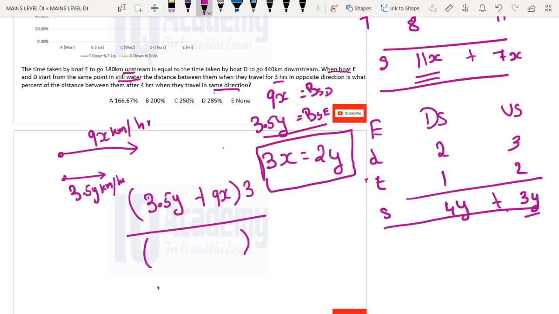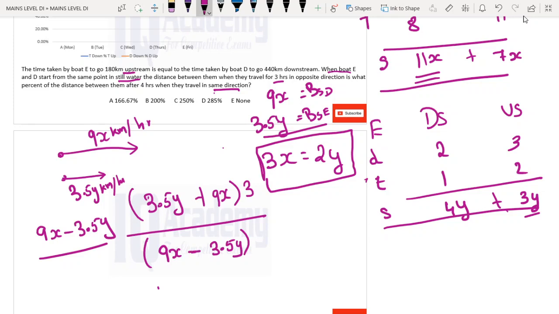If they travel in the same direction, after 1 hour, the distance between them is 9x minus 3.5y. So 9x minus 3.5y is the distance between them after 1 hour.